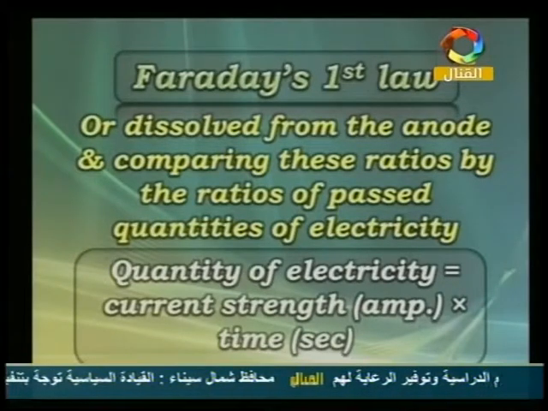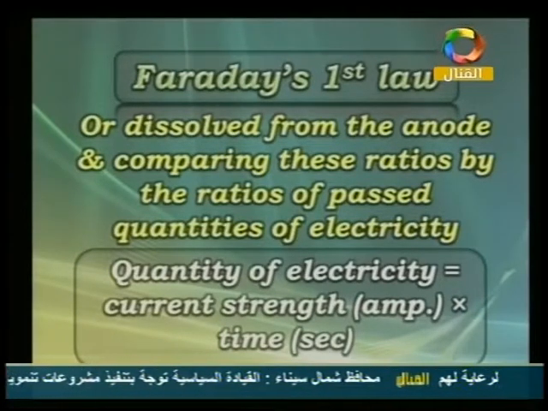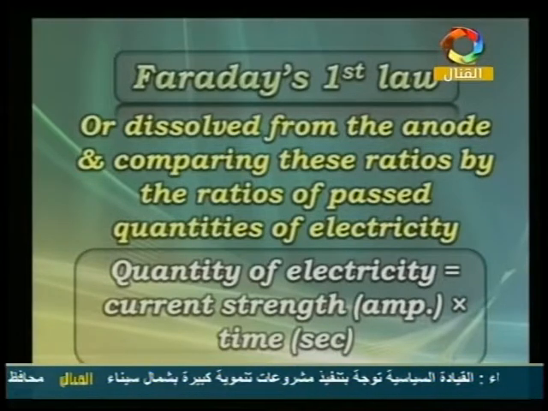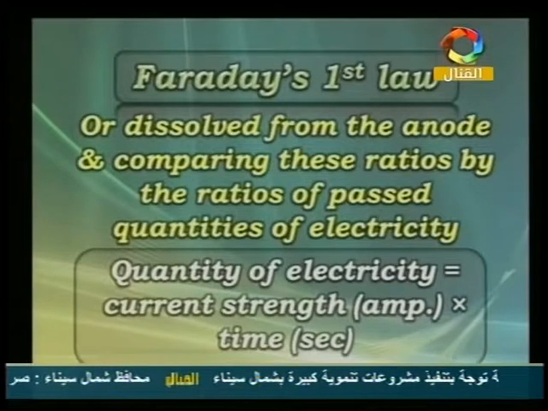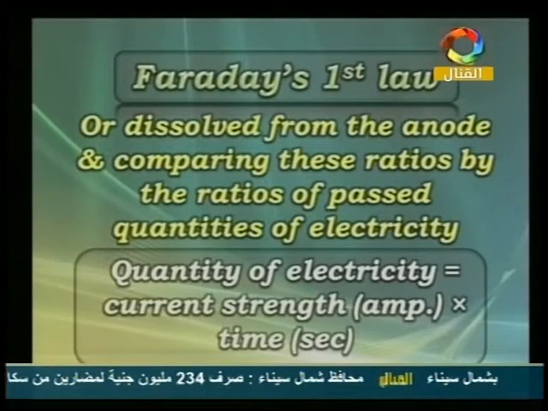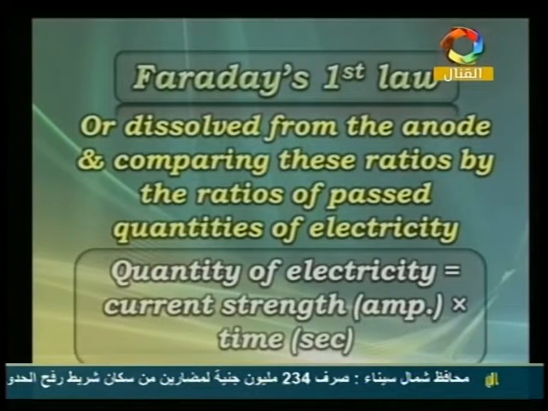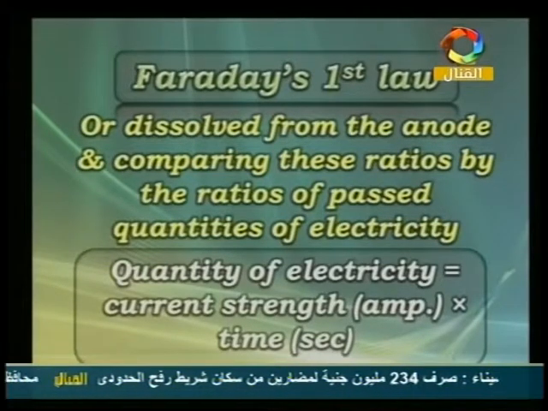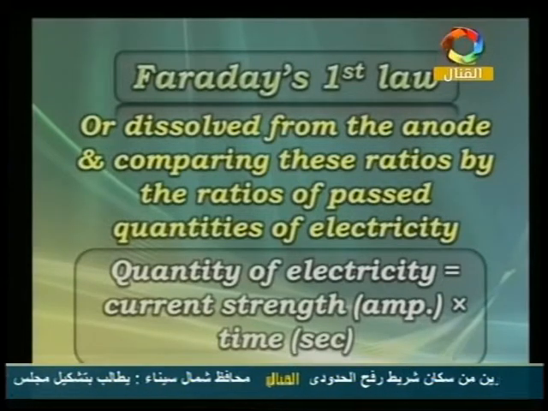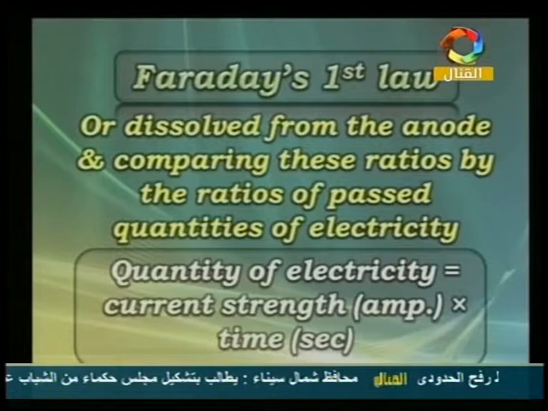We have the quantity of electric energy equal to the current strength in amperes times time in seconds. Again, Q, the quantity of electricity, equals the current strength, or electric current, in amperes times time. So I use this law to calculate the quantity of electricity by using the current strength.